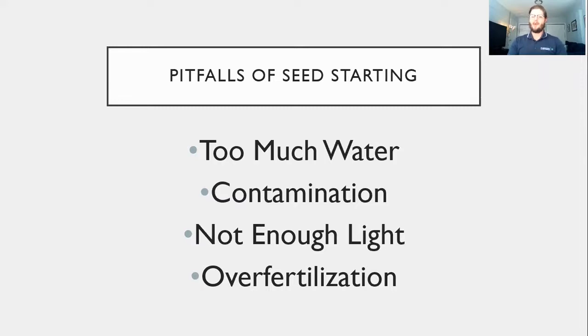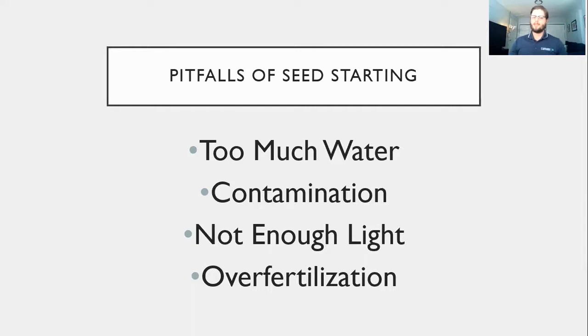And I totally get that. You're excited about it. You're looking forward to taking care of them. And so it turns you into a helicopter plant parent. You are constantly circling, which is good to be attentive, but it's bad if you end up adding too much, especially while our plants are very small and they're going to be overly sensitive to too much water addition and maybe the disease or pest issues that can accompany that.